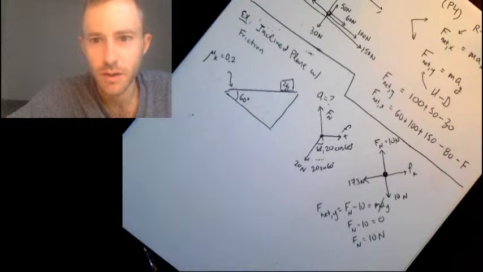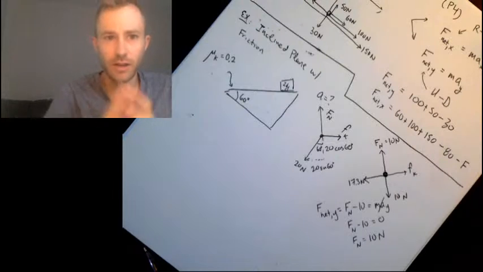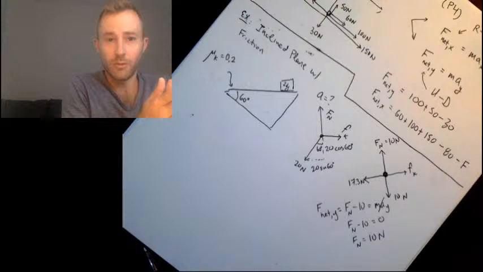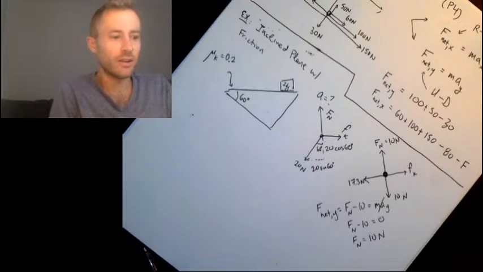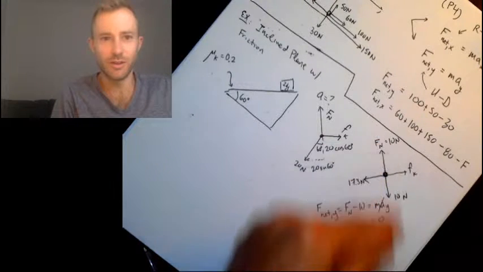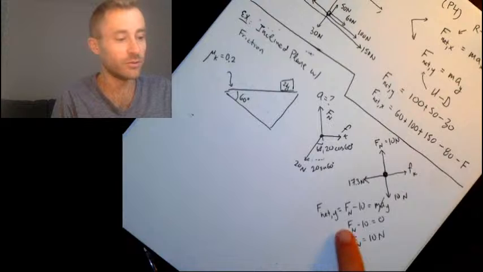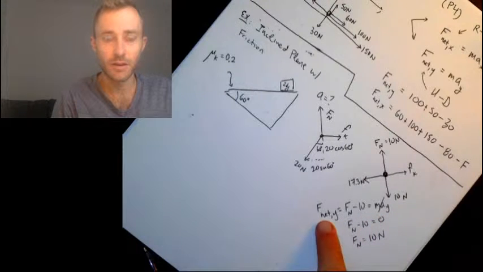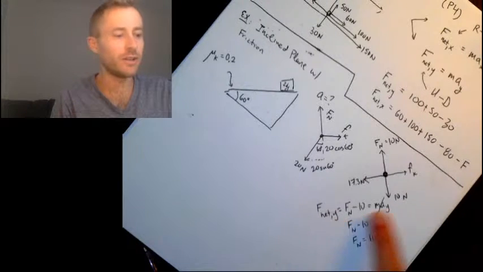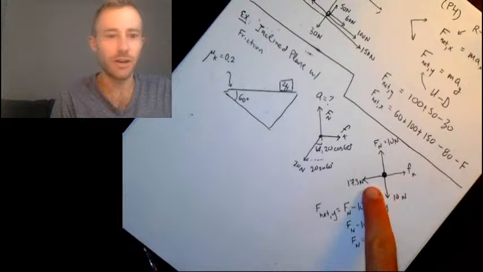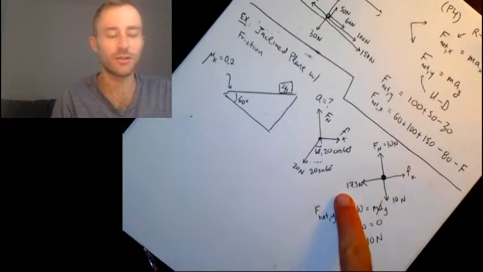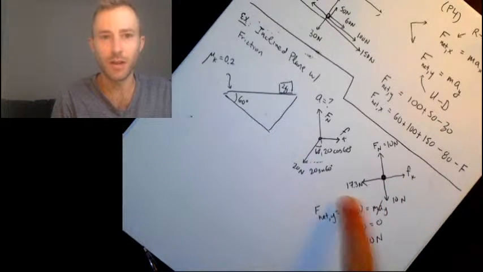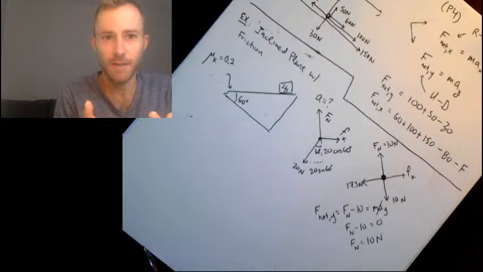Excellent. Friction. So in order to calculate friction, we need to know what the normal force is first. So that is why I usually do the vertical Newton's second law first, because if I did the horizontal Newton's second law, the net force would be F sub k minus 17.3, but I don't know what friction is, okay?